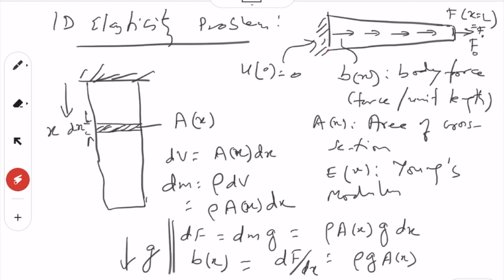Now that we are clear about the problem we want to solve, what kind of problem is it? We have a bar which has varying cross sectional area, varying material Young's modulus along the length, and it has one of the ends fixed, at least one of them, and it has some body force.